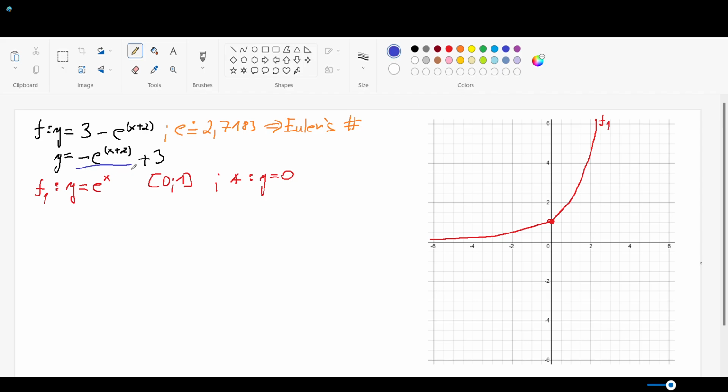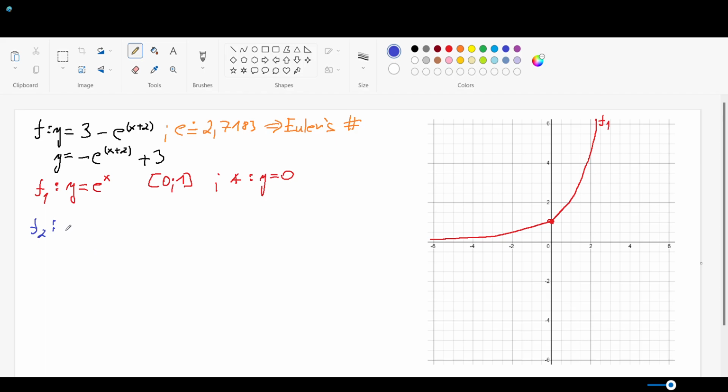Then if you have a look at our function here, the next transformation we have to apply, the second in the row, is function number 2, and it will transform my function so that I increase each argument by the number 2.